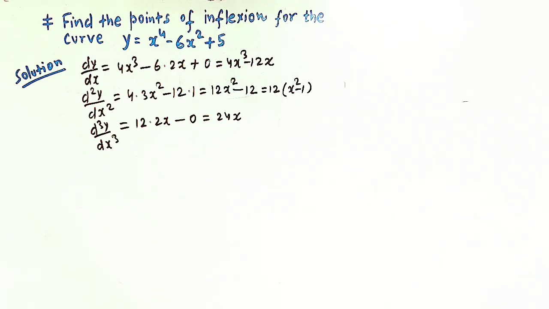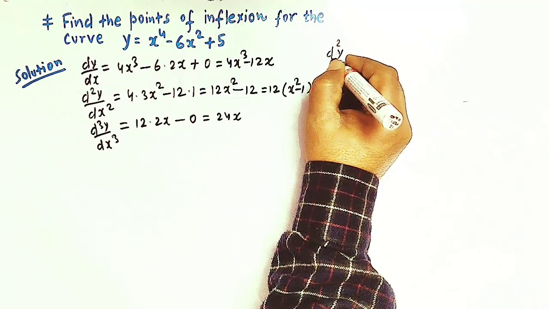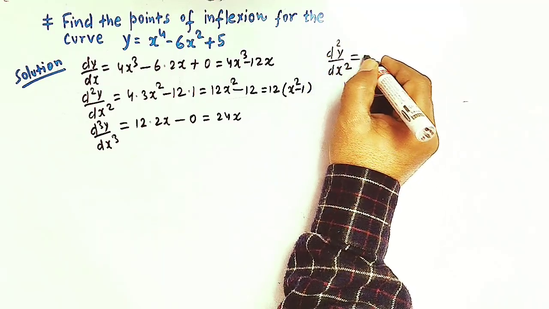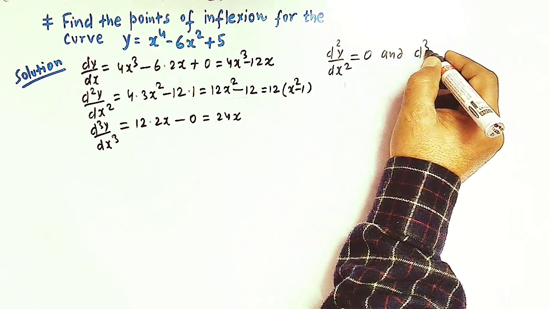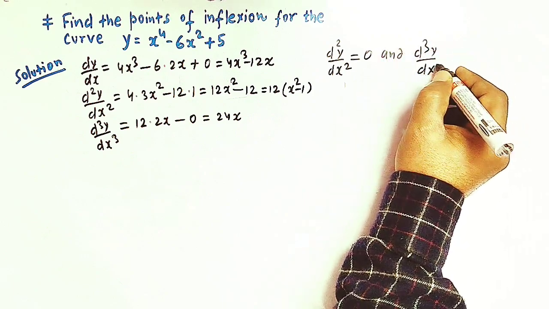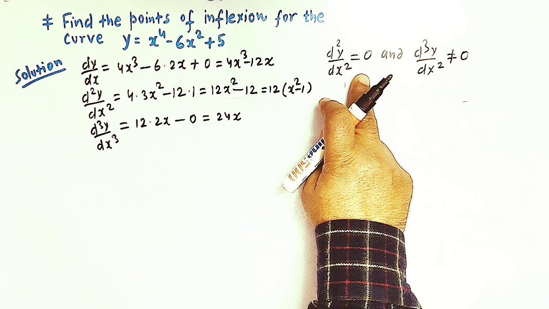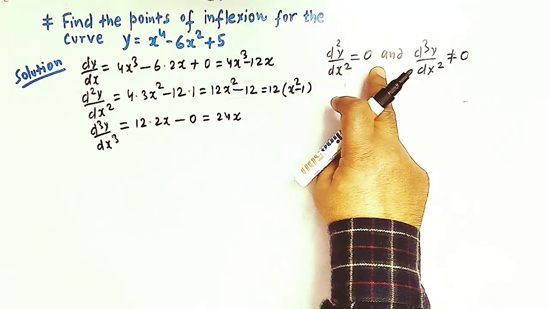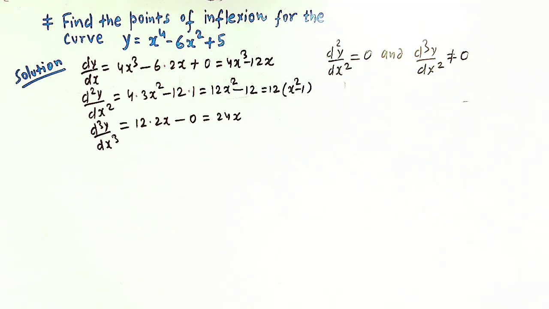Now at the points of inflection, the second derivative, that is d2y over dx2 is equal to 0, and the third derivative should not be equal to 0, right? So at the points of inflection, the second derivative is equal to 0, and the third derivative should not be equal to 0.